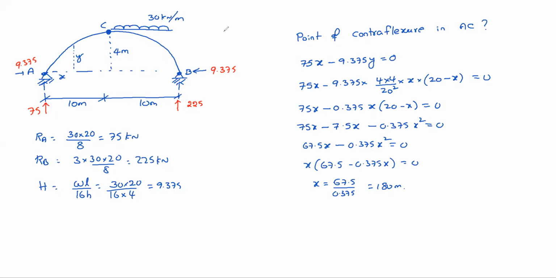That's okay. 75x minus 9.375y. Y is 4H by L square into x into 20 minus x. 9.375 into this one is 0.375 x into 20 minus x, correct. 75x.